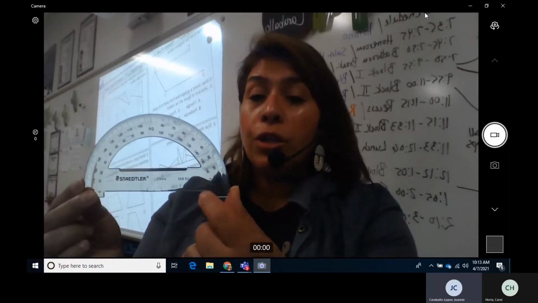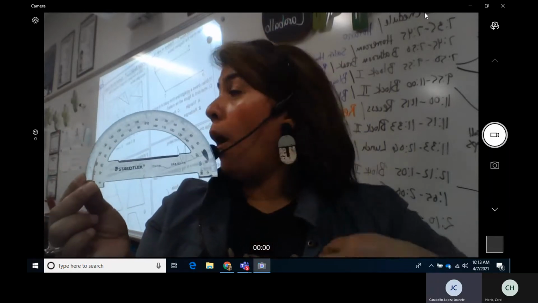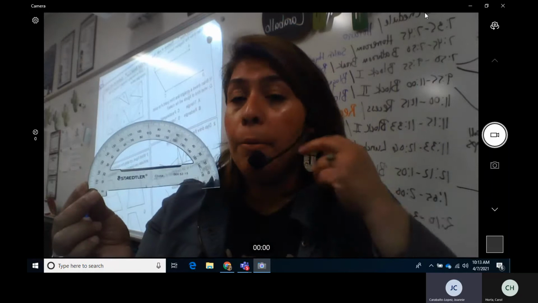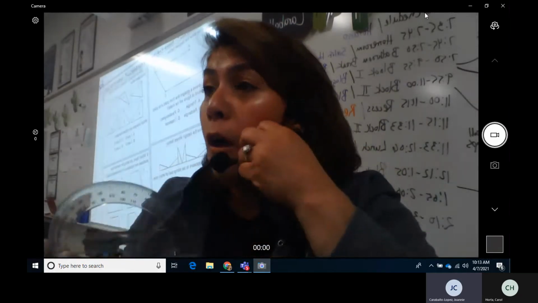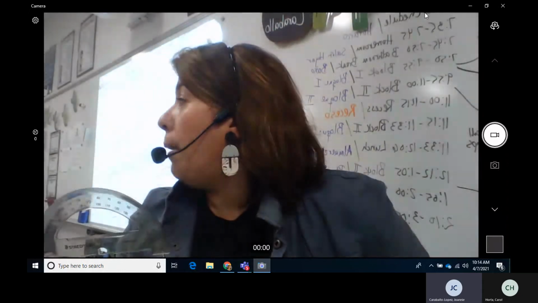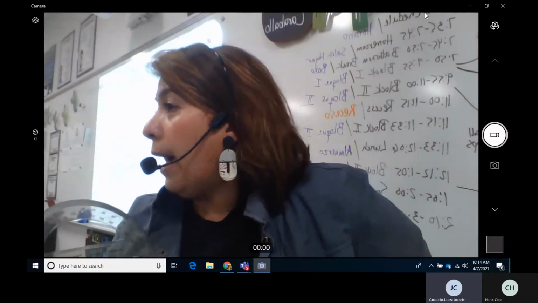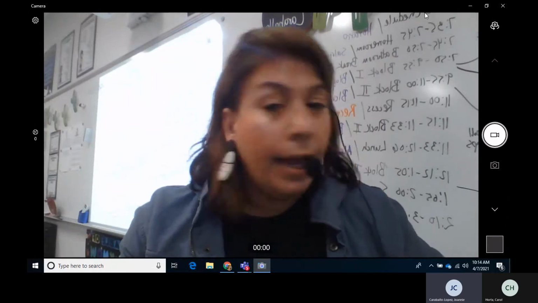So I'm using these tick marks to measure. On the STAR test, you won't need to use the protractor. The only thing you will need to know is how to read a measurement on the protractor. Got it? So we'll be working on that in today's lesson, okay?